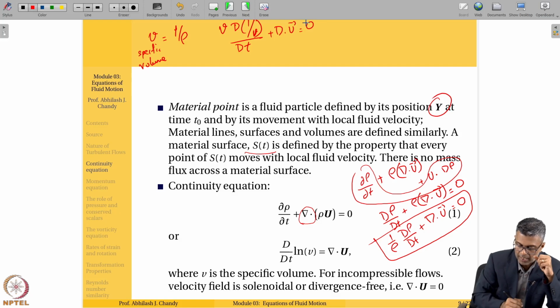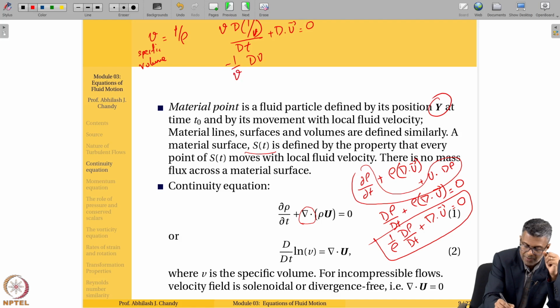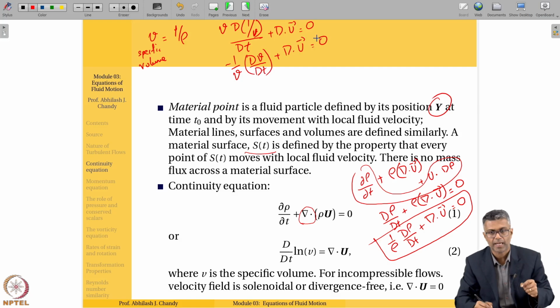And then I can write this as minus 1 over V dV dt plus del dot u is equal to 0. How did I get that? Because I have d of 1 over v, which is minus 1 over v squared.